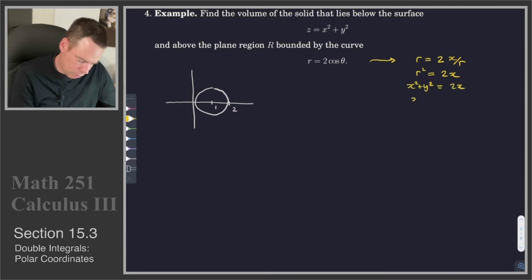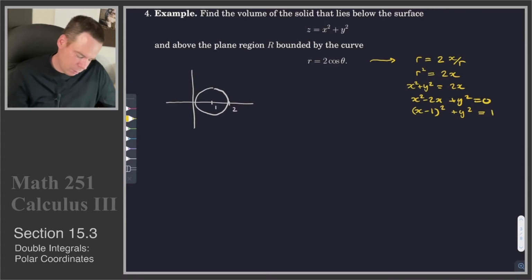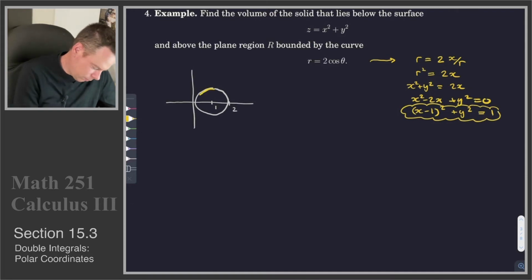We can bring the 2x over as x squared minus 2x plus y squared equals 0. We can complete the square, we get (x minus 1) squared plus y squared. So when I completed the square, I added a 1 on the left hand side, so I'll have to balance that by adding the 1 on the right. And that is a circle of radius 1 centered at (1, 0). So that's that circle that I drew.